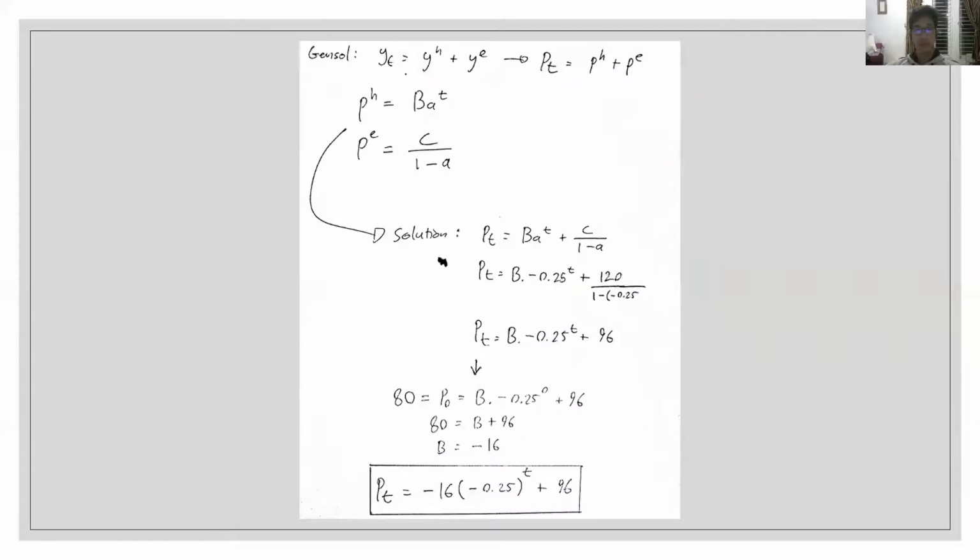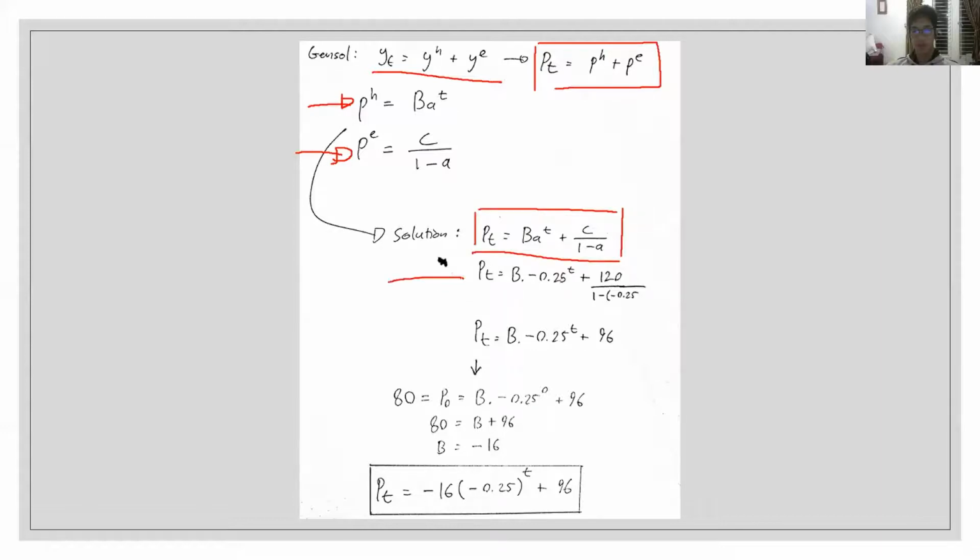We can then input this into our general solution, which is generally Yt equals Yh plus Ye, but in our case, we use Pt equals Ph plus Pe, where Ph is the homogeneous solution, and Pe is the equilibrium solution. So we can combine these together to get this general solution formula.